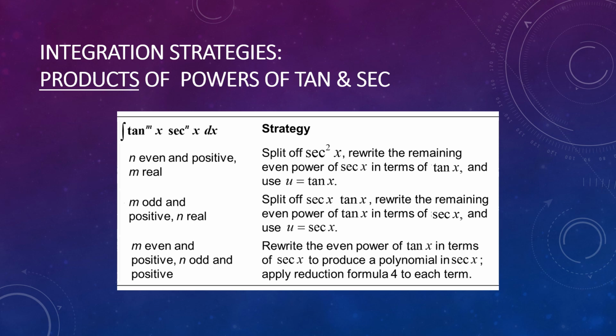If tangent is odd and positive, split off secant x tangent x, rewrite the remaining even power of tangent x in terms of secant x, and then use u equals secant x. And finally, if the tangent power is even and positive, and secant's power is odd and positive, rewrite the even power of tangent x in terms of secant x to produce a polynomial in terms of secant x, and apply the reduction formula for secant to each term.